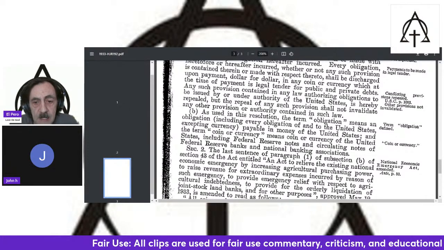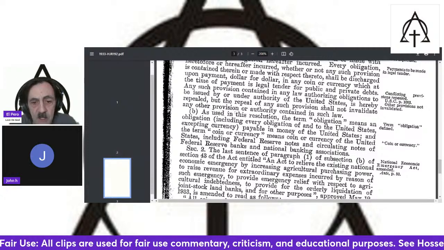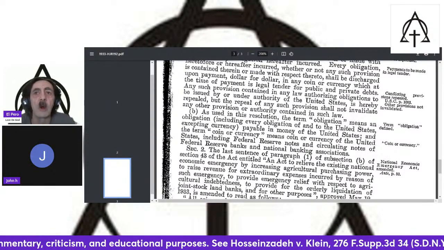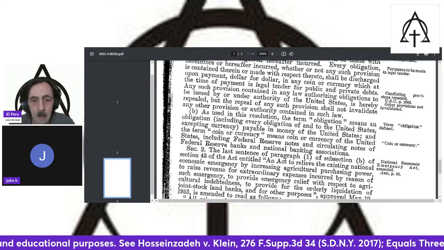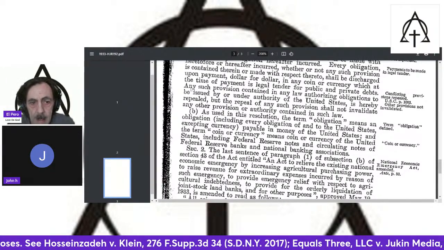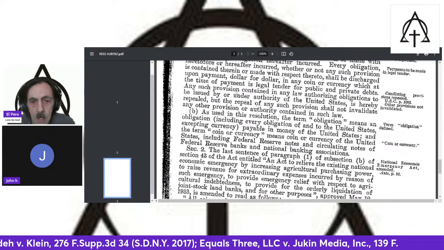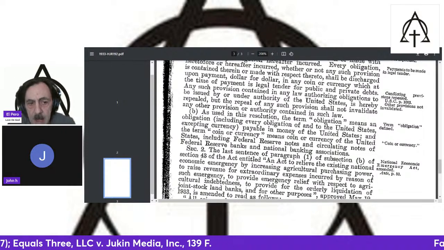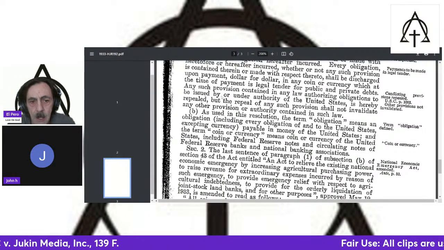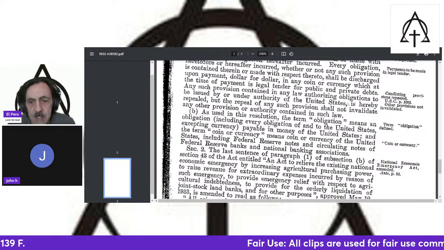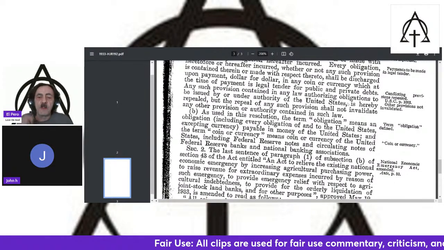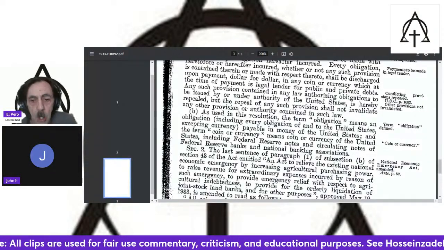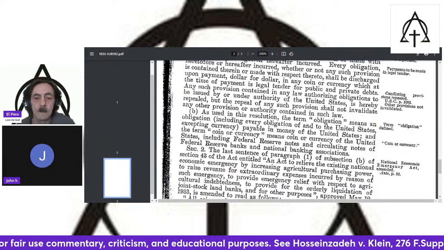But the repeal of any such provision shall not invalidate any other provision or authority contained in such law. So they're telling you the United States has no authority to issue anything. Read it again. Any such provision contained in any law authorizing obligations to be issued by or under authority of the United States is hereby repealed. So if the judge is sitting there under the laws and authority of the United States, creating an issue of an obligation, is it valid?